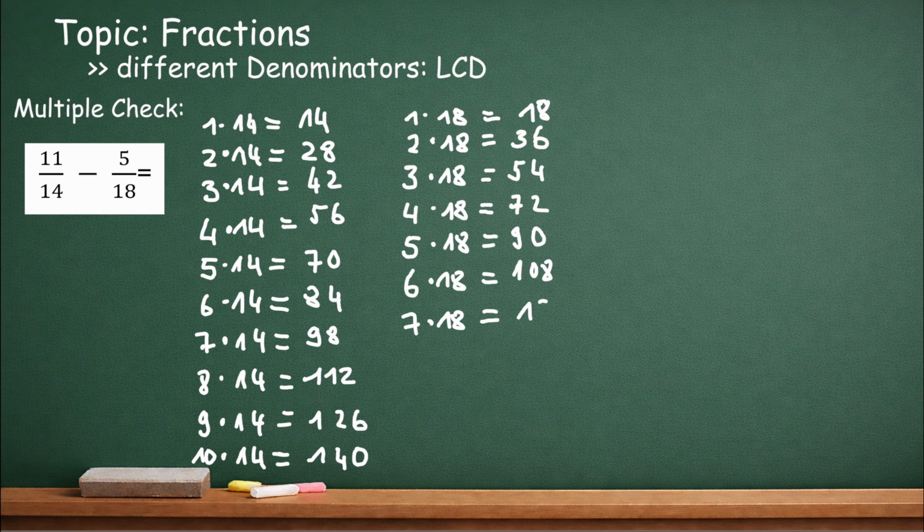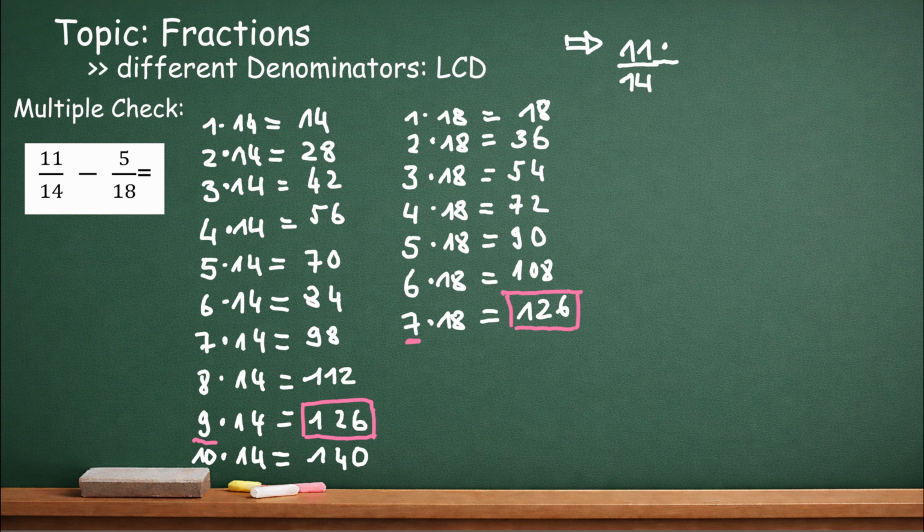And 7 times 18 is 126. And now we found our least common denominator, which is 126. With this we can do our calculation: 11/14 minus 5/18.